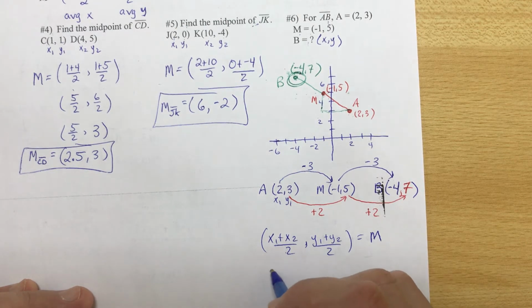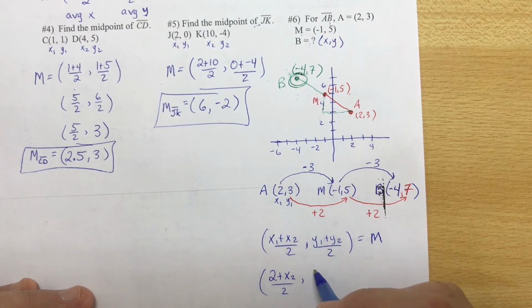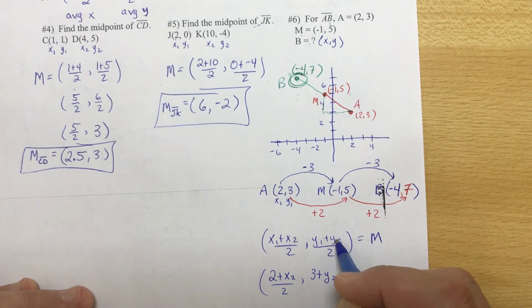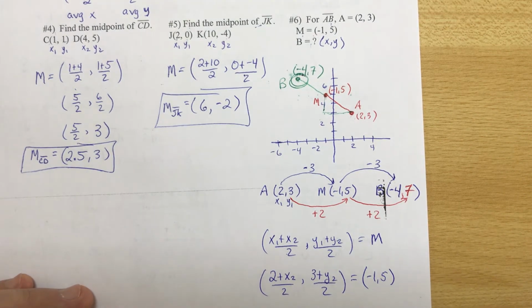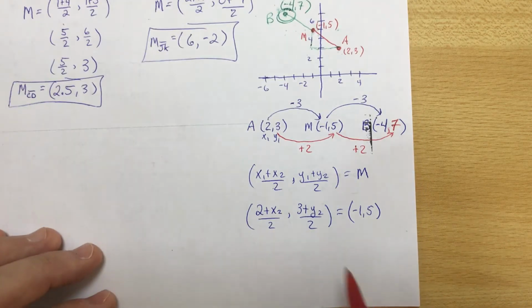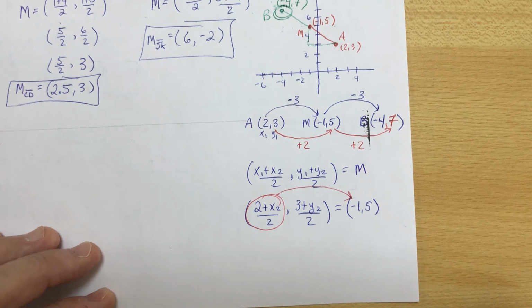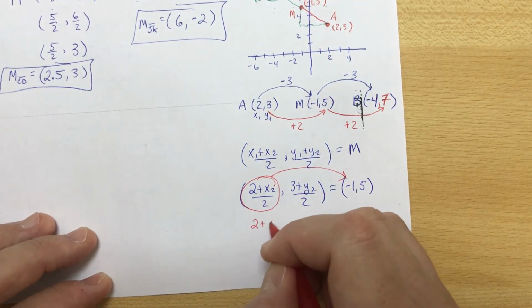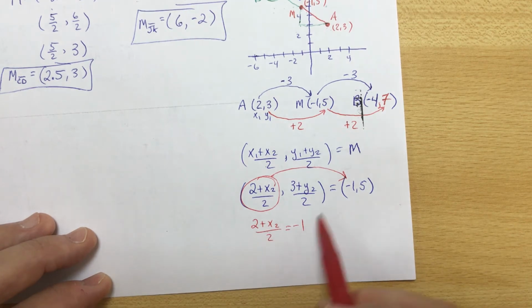So 2 plus something over 2, and then comma y1, which was 3, plus my other y coordinate over 2 equals the midpoint, which is -1, 5. Okay, now what we have to understand is that this expression gives us the x coordinate of the midpoint. So we can make an equation like this.